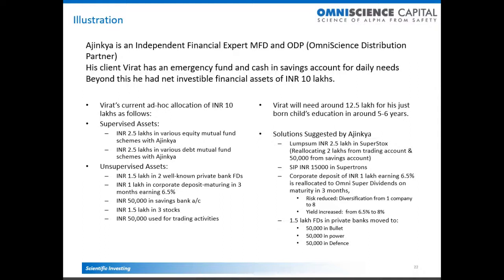And the unsupervised assets: 1.5 lakh in fixed deposits in two well-known private banks, and 1 lakh in a corporate deposit, which is maturing in about 3 months, earning about 6.5%. 50,000 is lying in his savings bank account from his last few months of salary, which he hasn't bothered to invest yet. 1.5 lakh is distributed in 3 stocks, which he was told about by someone or other, maybe typical tips or a research tip by his broker.